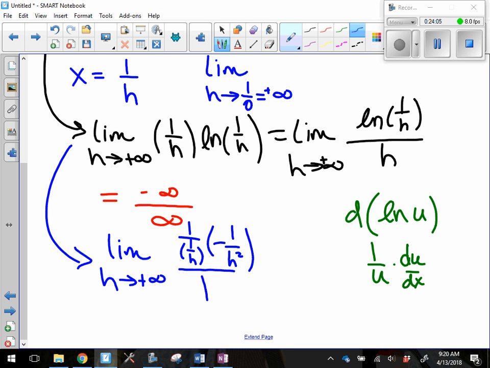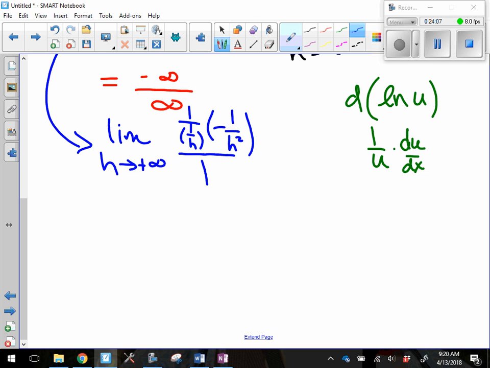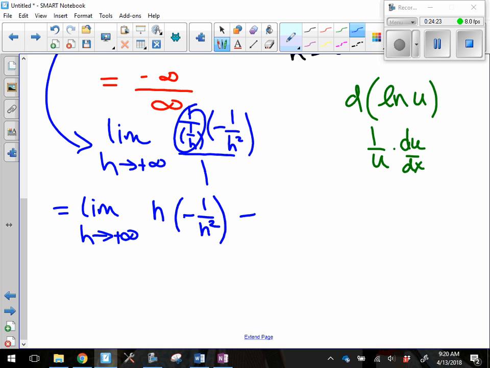So you just got to remember, you got to take your time. Okay, so this is going to give me the limit as h goes to positive infinity. This whole thing is going to become h times negative 1 over h squared.